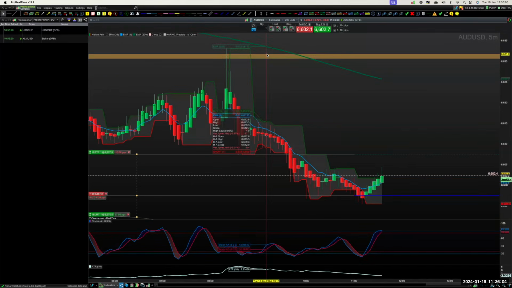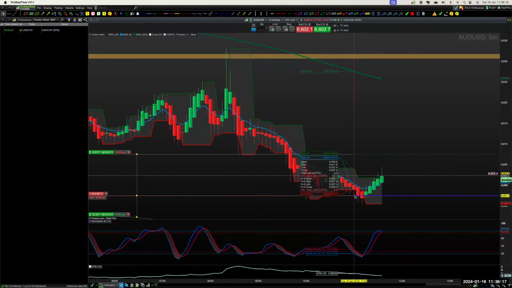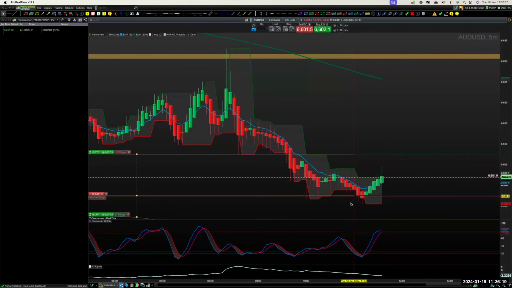We're just going to flick now to the Aussie USD. I'm just doing this live. This was a trade here. We got stopped out from up here for a nice profit, and then this was the extra trade that we put in that we have been clicked onto.